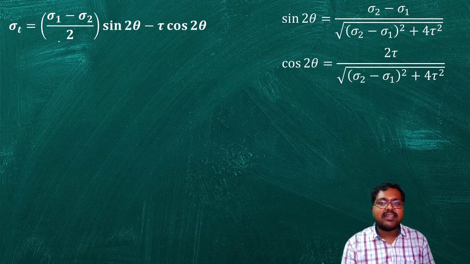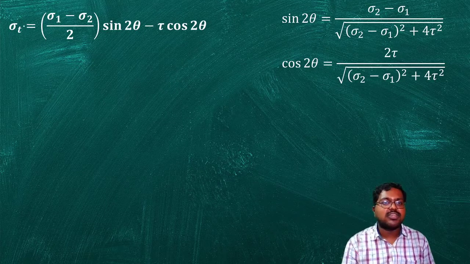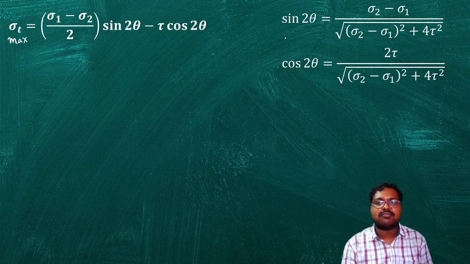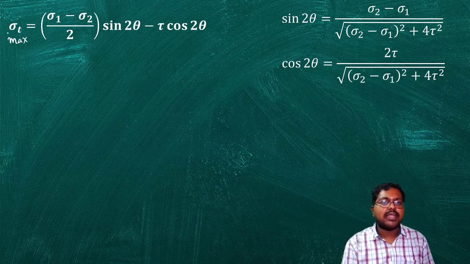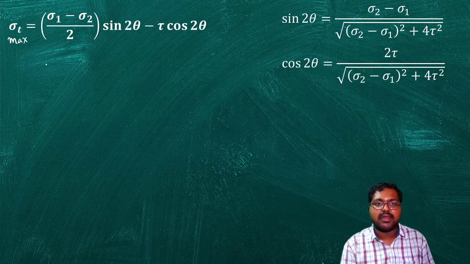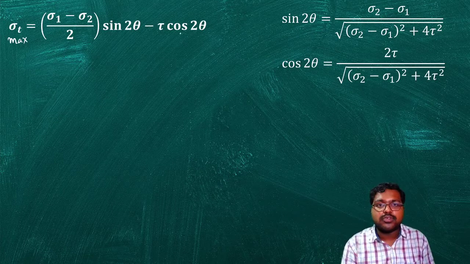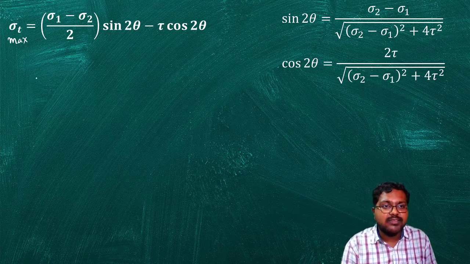So to get the maximum value of this shear stress sigma t max, I am placing the values of sine 2 theta and cos 2 theta in this equation, which is nothing but the tangential stress acting in the oblique plane. So let us put the values here to get the maximum shear stress.